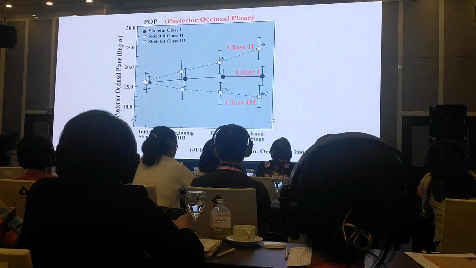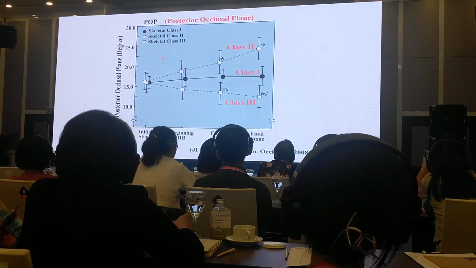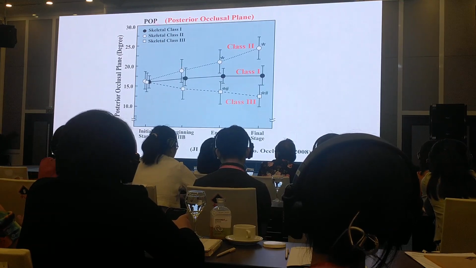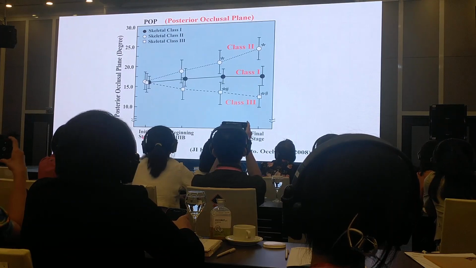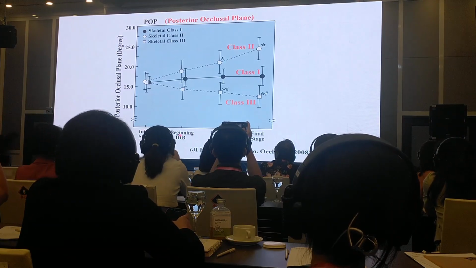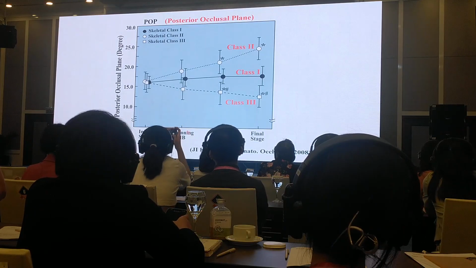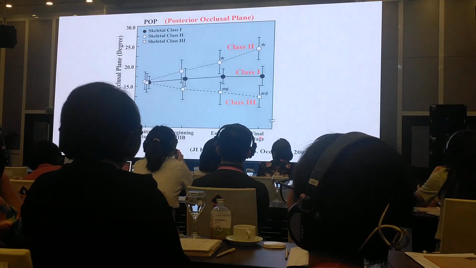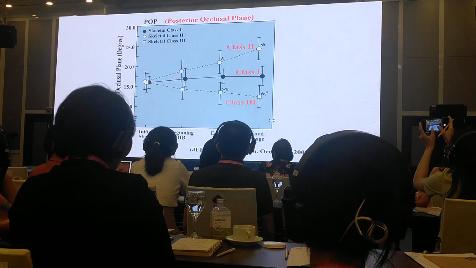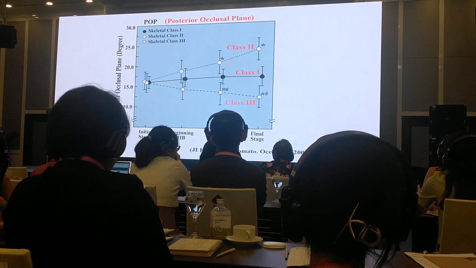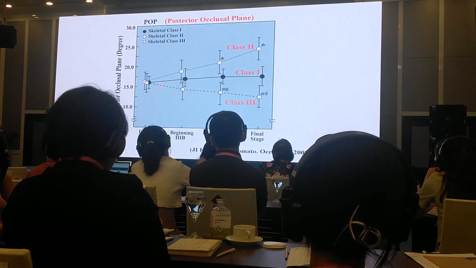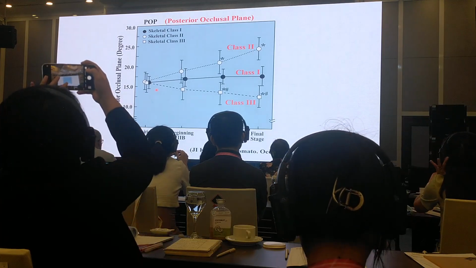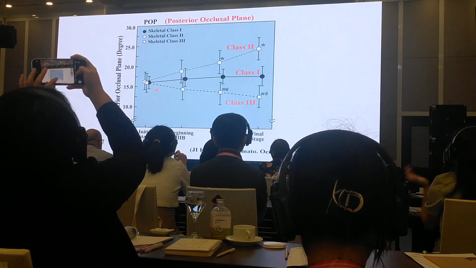In another paper we published, we compared class 1, 2, 3. The only difference was the posterior occlusal plane at different ages: around 6 years of age, before exchange of the buccal segment, after exchange, and the final occlusion. See, class 2 people, more and more. At 6 years of age, we have no significant difference among the different malocclusion groups.